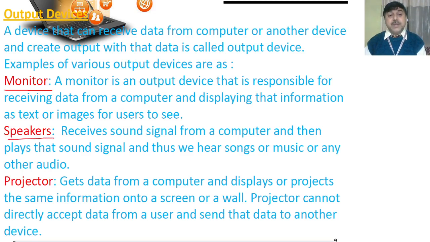Next, what do we have? The speaker. The speaker takes your signal, receives the signal, and as it receives the signal, each signal is implemented as sound. One more thing we can find is the projector.